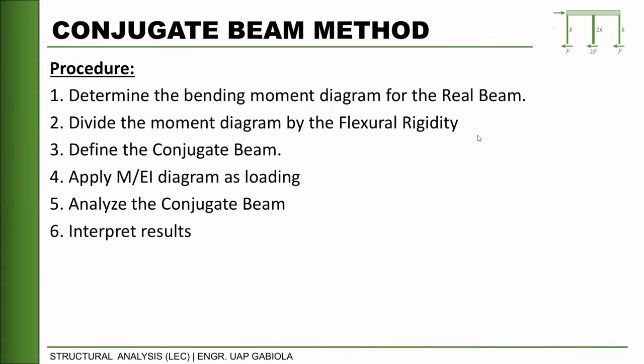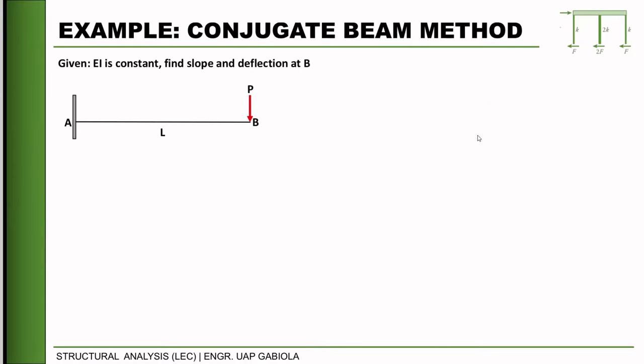Then define the conjugate beam, meaning we convert the real beam into the conjugate beam, and apply what we got in number 2. Then analyze the conjugate beam, meaning get the shear and moment diagrams, and interpret the result depending on the point in question. Okay, so let's have our first example.